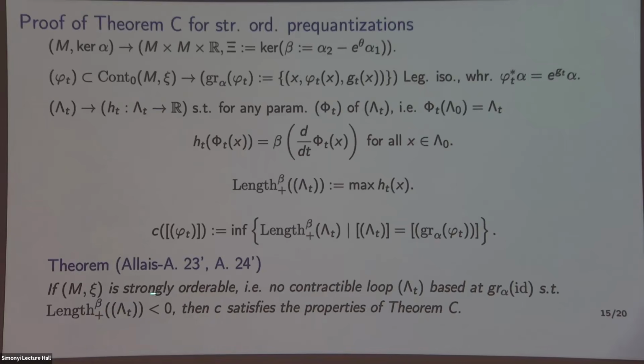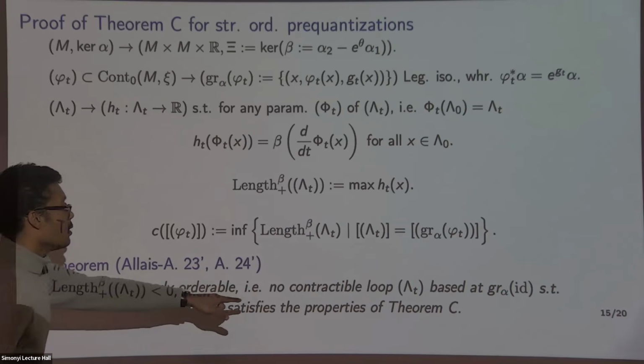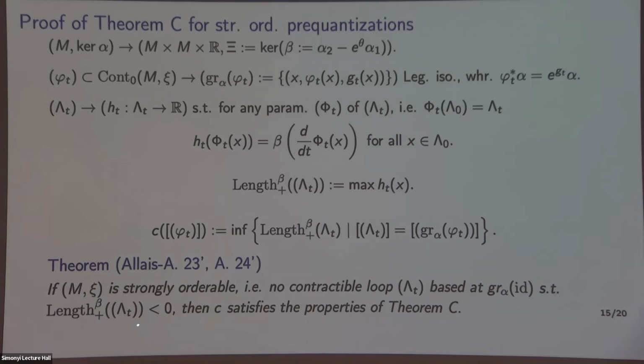If M is strongly orderable, so I didn't say what strongly orderable is, but now I say it finally. A contact manifold is strongly orderable if you don't have any loop of Legendrians that is at the same time contractible and whose length is negative.